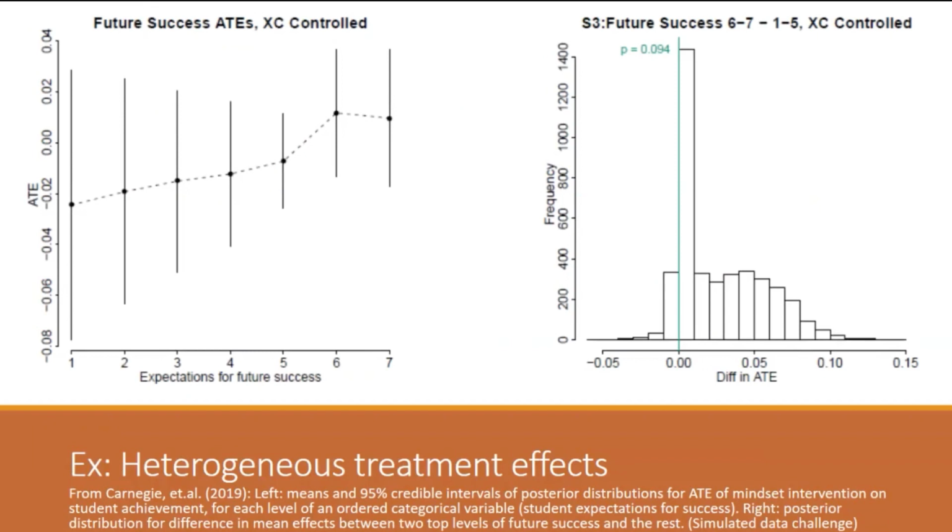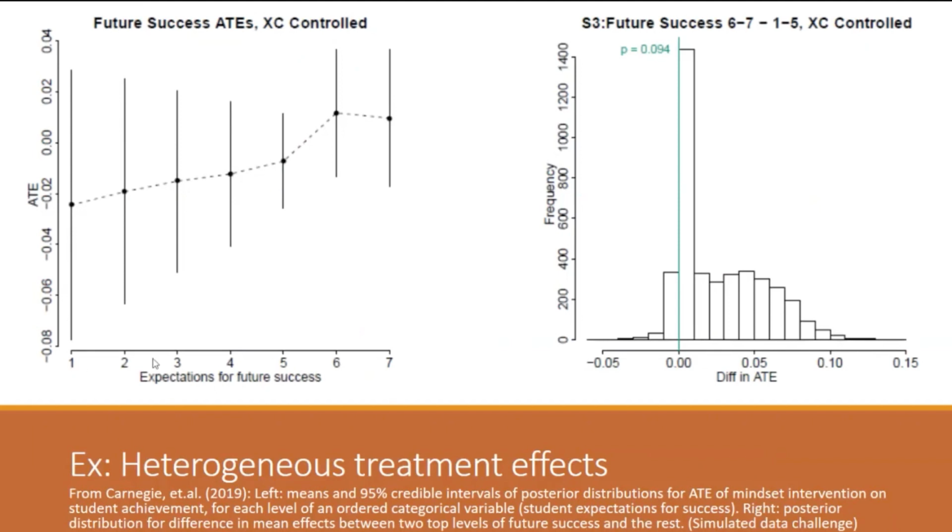And so here we can say, so this was a simulated experiment sort of based on real data where there is a fixed versus flexible, no, what's the other word? Anyway, mindset intervention, hoping to improve student achievement with some covariates measured.